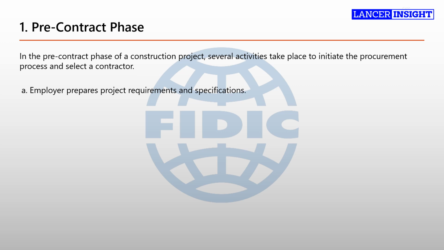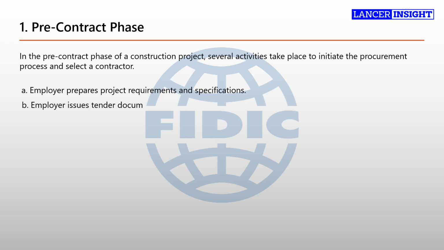The employer, also known as the client or project owner, defines the project's objectives, scope, and specific requirements. This includes determining the desired outcomes, project constraints, technical specifications, quality standards, and any other specific requirements relevant to the project. The employer may work with consultants or experts to develop comprehensive project requirements and specifications.